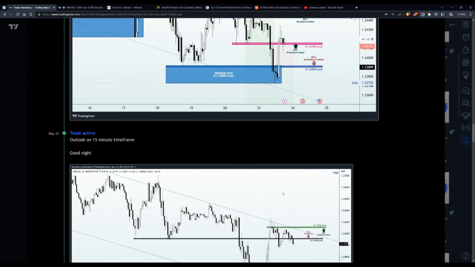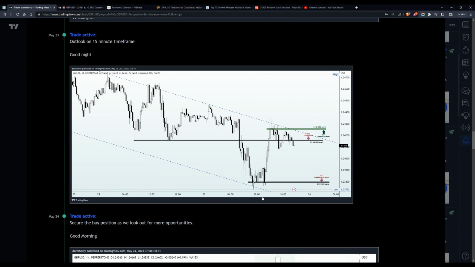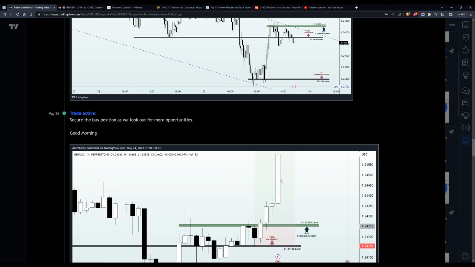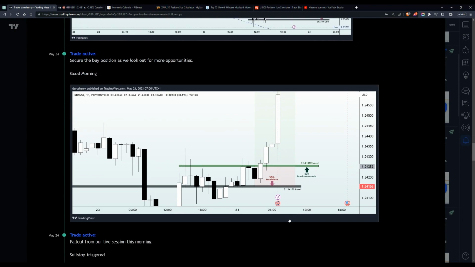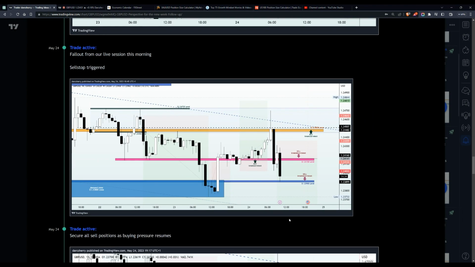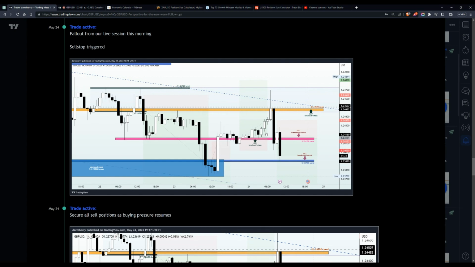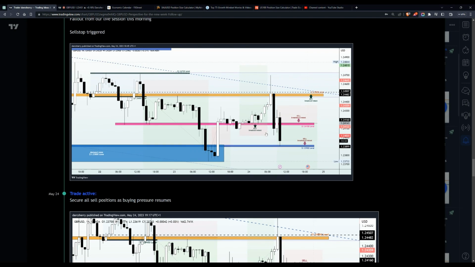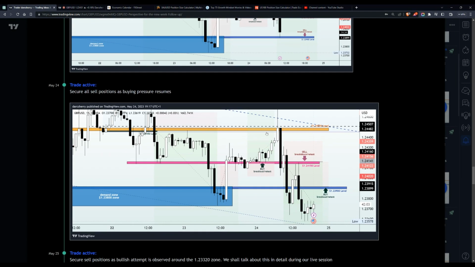Immediately after that, I shared this on, I think, Tuesday's later part of the New York session, where we had the simple setup and the breakout of the 1.250, which triggered the buy position. As soon as price action got into our key level, we saw selling pressure resume again, negating all attempts by buyers to break out of that structure, to incite another wave to the downside.